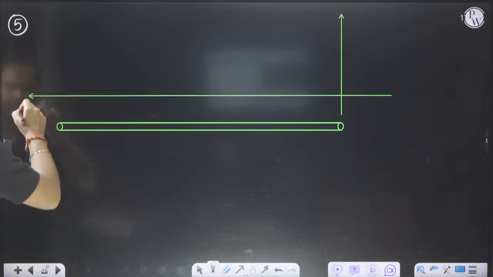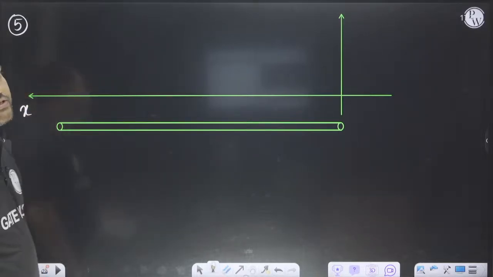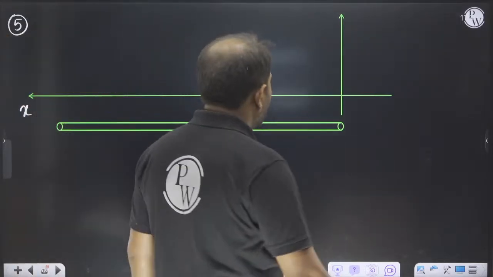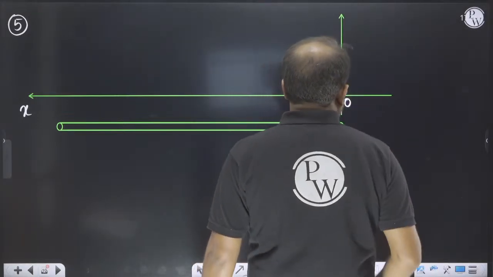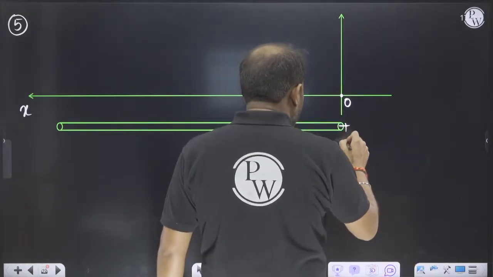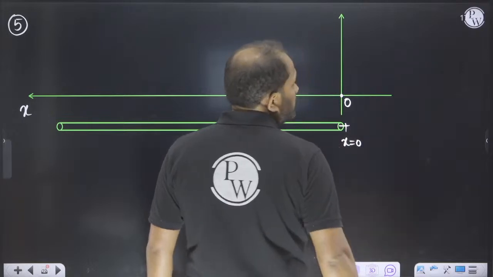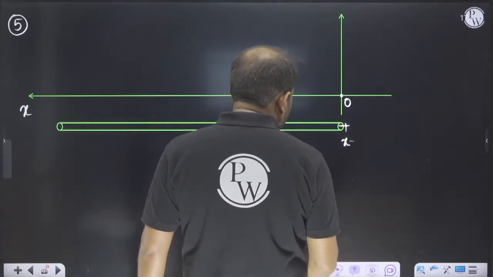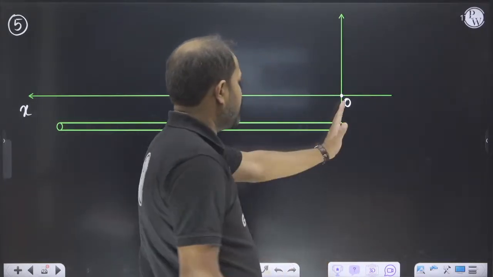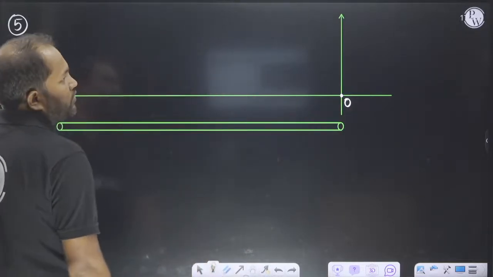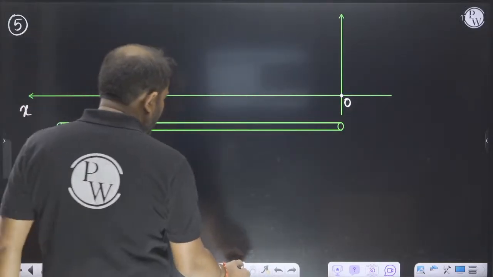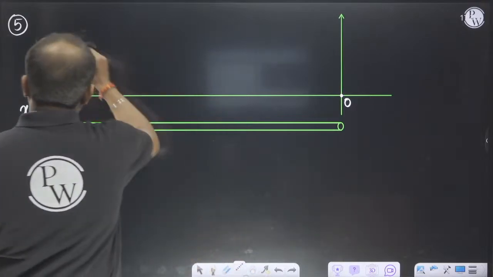This is x. So x will be 0. If x is 0, then what does it mean? It means at load. So here x is 0. From this point x is 0, and from this point x is calculated. So you can calculate the value of x also.